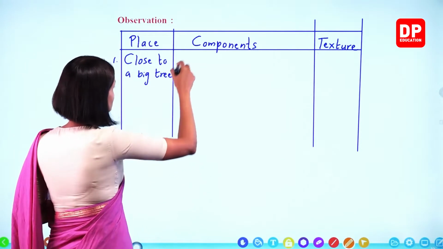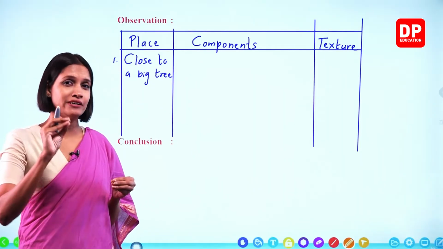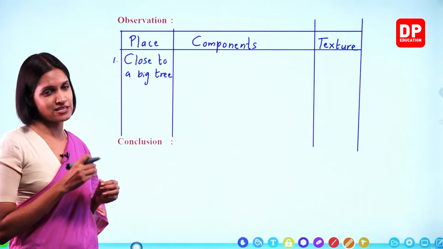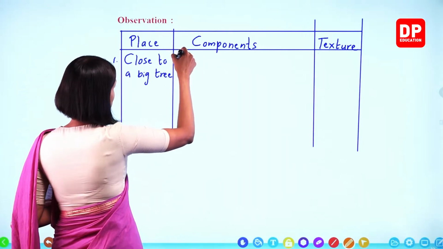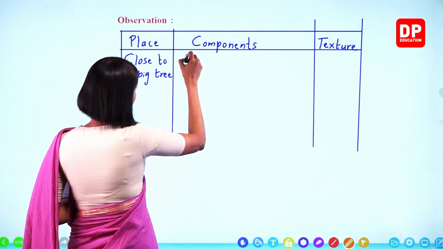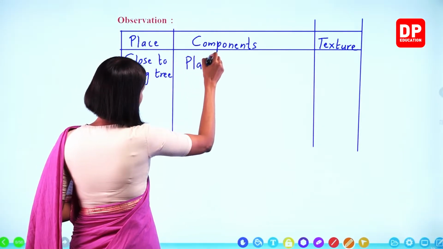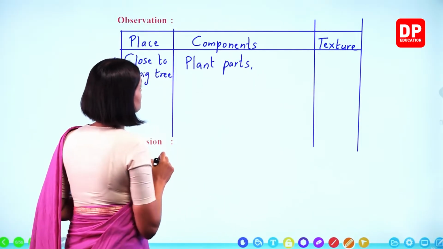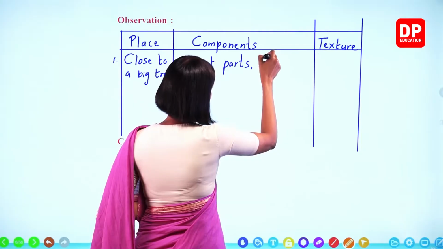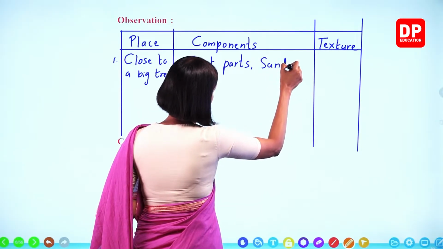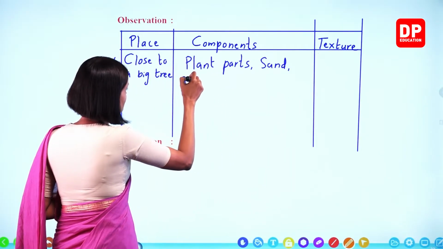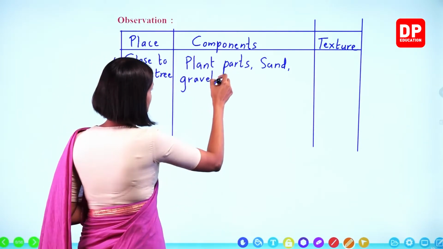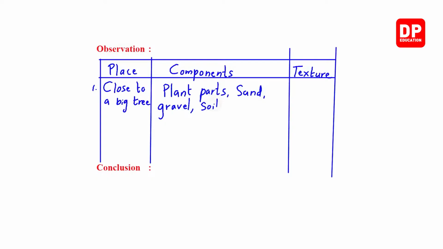So components, and we could see some animals as well, tiny animals also. We could see ants and all, right? So we can write right here plant parts including dried leaves, sand, gravel, soil organisms.